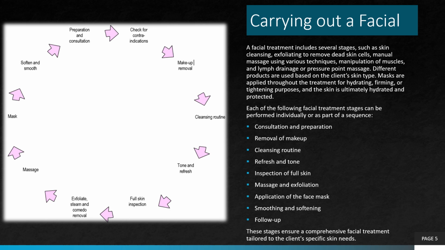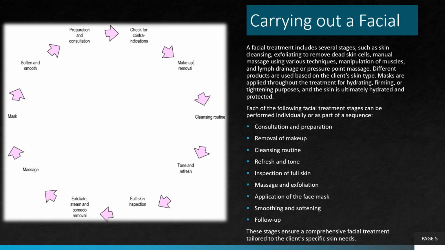Each of the following facial treatment stages can be performed individually or as part of a full facial sequence. This includes your consultation and preparation, the removal of makeup, cleansing the skin, refreshing and toning the skin, a full inspection of the skin to identify the skin type of your client, and at that point you would then choose the correct products that are suitable for the specific needs of your client.